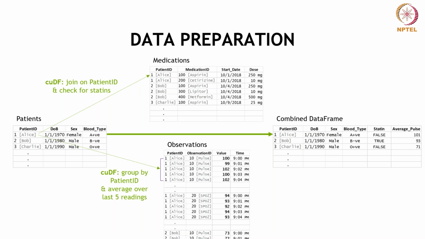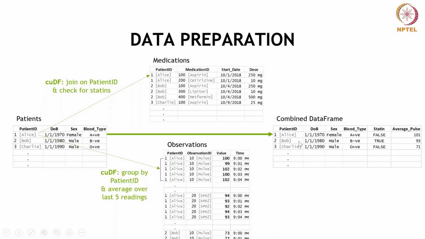So what you're trying to do here is to combine all of this into one big data frame. In the database community, the name for this is join. So you join on the patient ID and also do a group by, and you may also do certain operations during that group by, like an average over the last 5 readings, and that's what finally gives you a combined data frame.